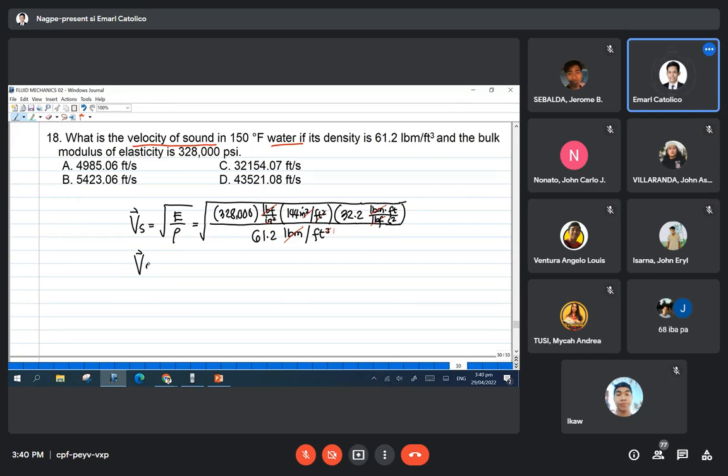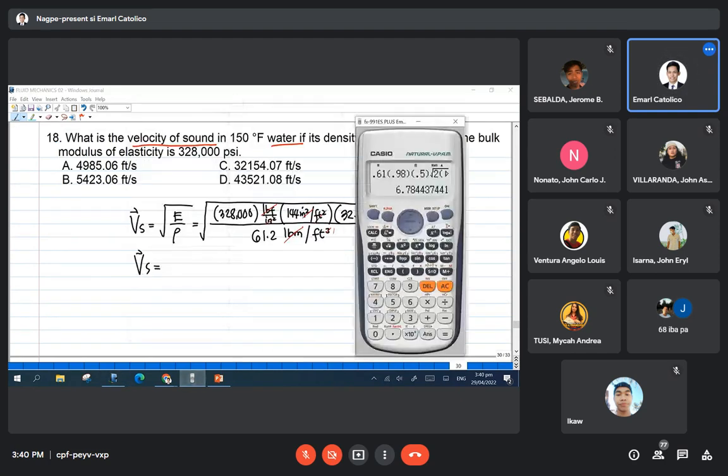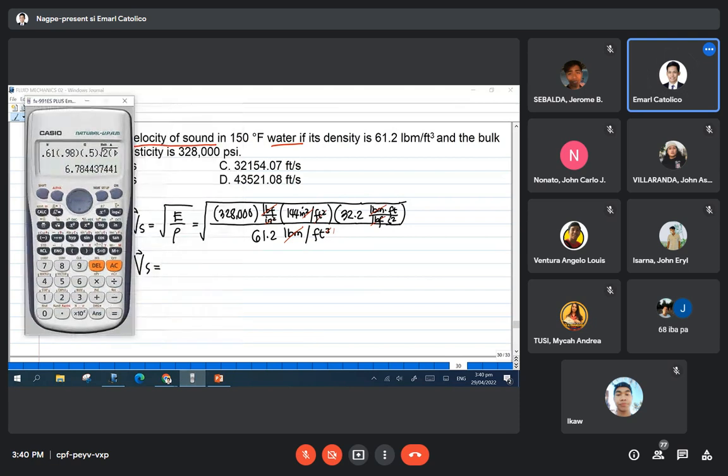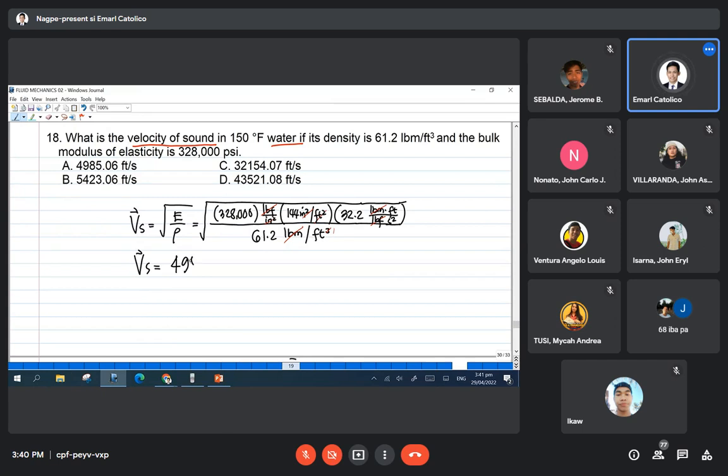Therefore, velocity ng sound is square root of 328,000, 144, 32.2 over 61.2. 4985.06 feet per second. Okay, so letter A yung sagot natin sa 18.